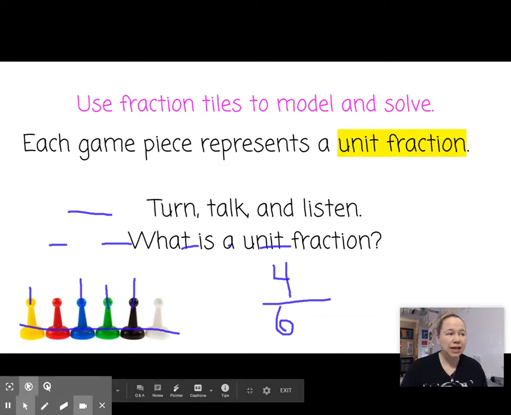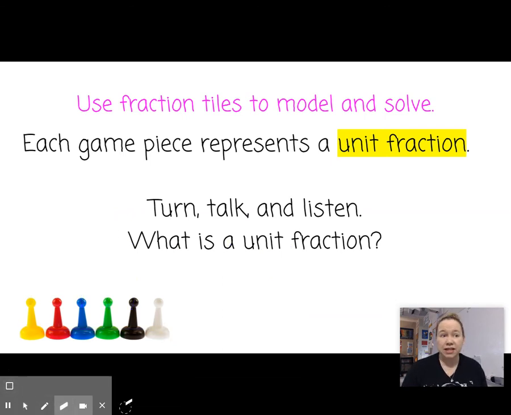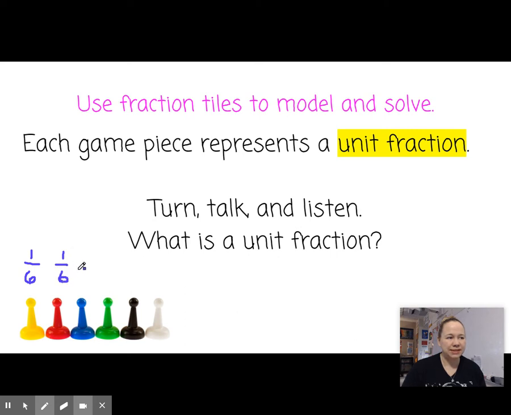Yes. So each game piece represents a unit fraction. That's what that word means. A unit fraction is 1 out of the total. So each one of these is worth 1/6. You got it. Each one of these is worth 1/6.